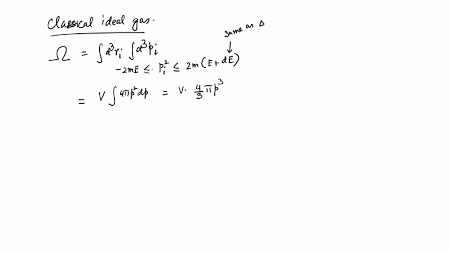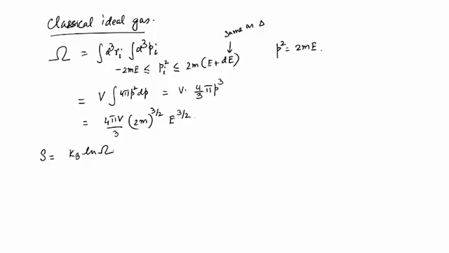If you use the relation p square equal to 2mE, the number of microstates goes as 4 pi V by 3, and then you have 2m to the power 3 by 2, and energy to the power 3 by 2. So, as the energy grows, the number of microstates grows as E to the power 3 by 2.